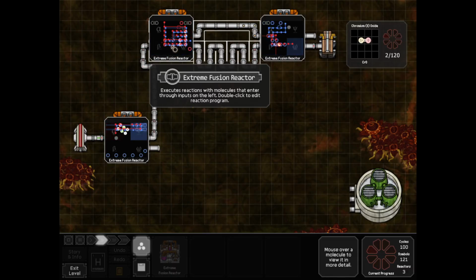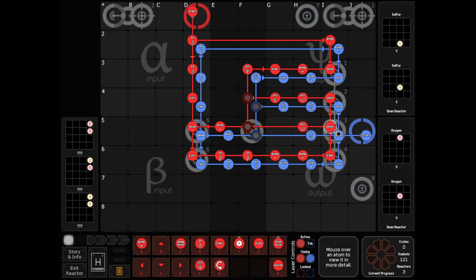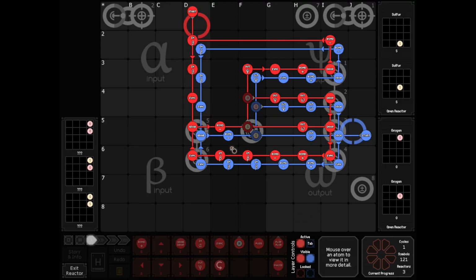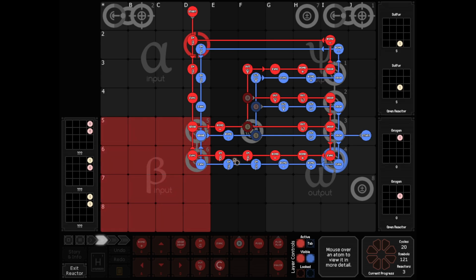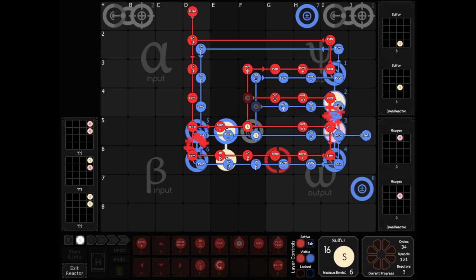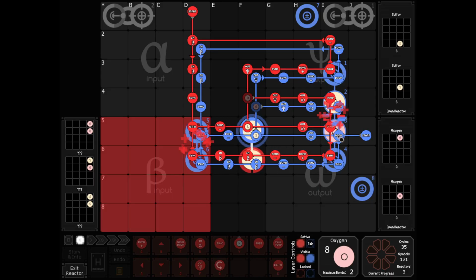Then the next reactor, which I think is the bottleneck of the solution, is also double pumped. And it uses the sensor right here to split the 3 cases, like we've seen in the previous solution, between the 2 output zones. And then it debonds that.